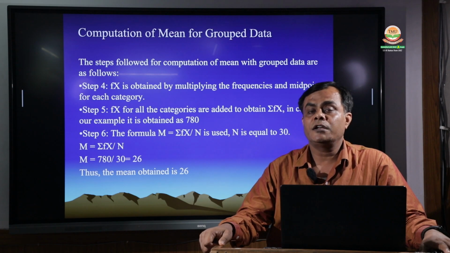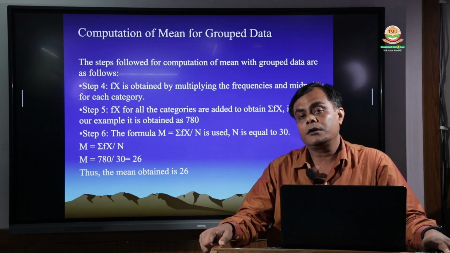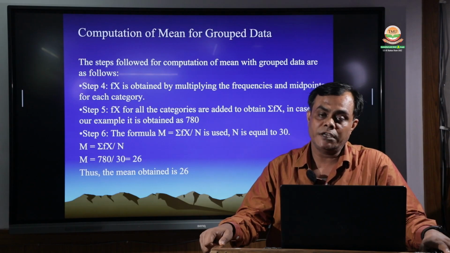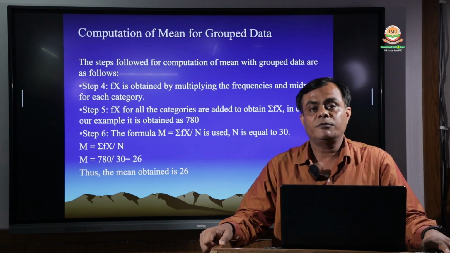In this way we get fx, and adding all the fx, we get sigma fx, and sigma fx is divided by the total number of frequencies, that is N.